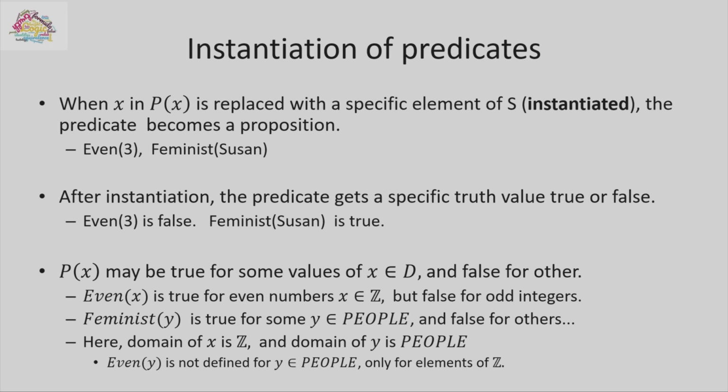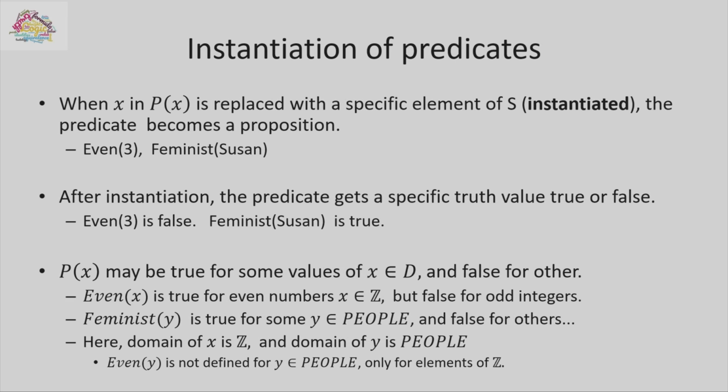For example, if we have even of x, it may be true, may be false, depending on what x is. But we know that even of 3 has a very specific value. Well, 3 is not even. Feminist of Susan has a specific value. Probably Susan is a feminist.